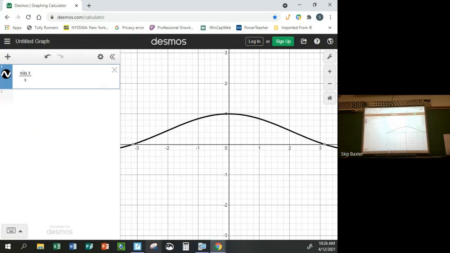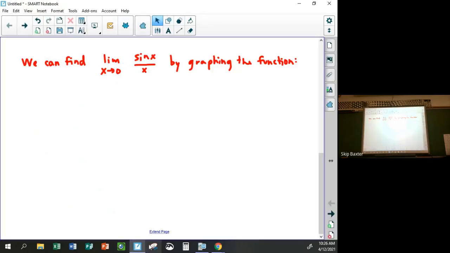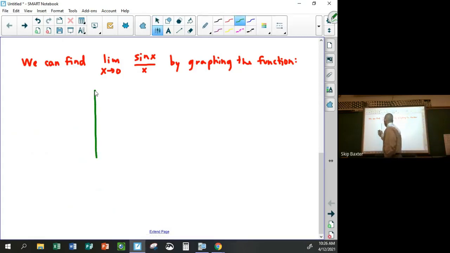So what this graph looks like, just based on a graphing calculator, it kind of looks like a cosine function in a way, where the further out you go from the y-axis, the amplitude gets smaller and smaller. It kind of goes like this. There's a hole there, and then it goes like this.